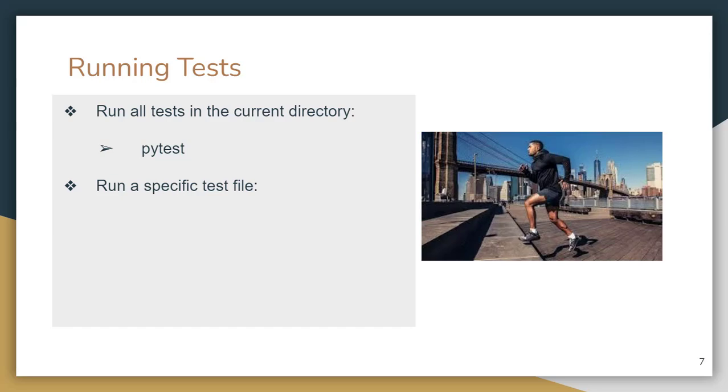To run a specific test file, you write in the command prompt pytest, then space, then the name of the file, say test_sample.py. To view detailed output, you can write the command pytest followed by space -v.